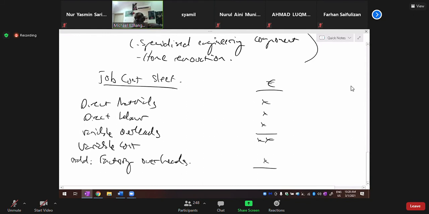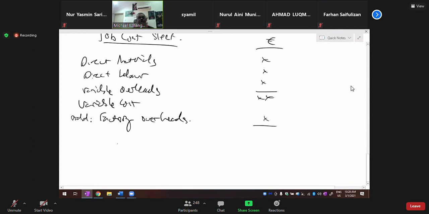You either use traditional absorption costing, or you can use activity-based costing, which I'll teach you probably next week. Yeah, we'll find a way to trace overhead costs into the product. And then once you got the factory overhead sorted out, we'll get production overheads. All right, production cost, we'll get production cost.